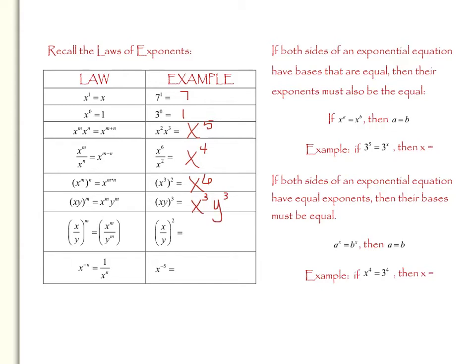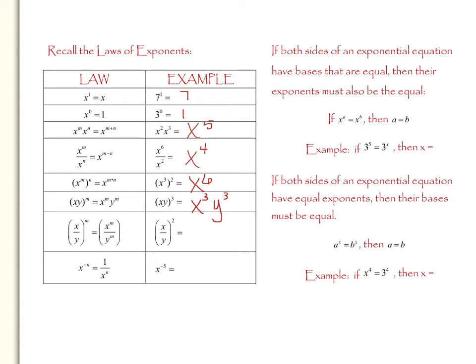Now let's look at the law for raising a fraction to a power. If you notice, we have x divided by y, and there's parentheses around the whole fraction. So that means that whole fraction is being raised to the m power, which means the numerator, x, is raised to the m power, and the denominator, y, is raised to the m power.